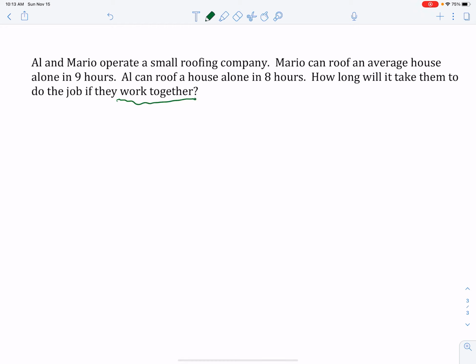So these sort of working together problems have a particular way you set them up. You take the fraction of the job that one person could complete in an hour, which is 1 divided by the time for the first person. Let's just put, time 1. Plus the fraction of the job the second person could complete in an hour.